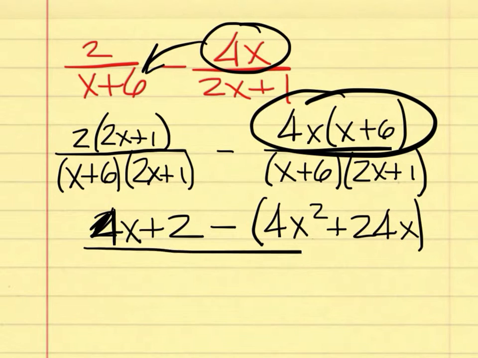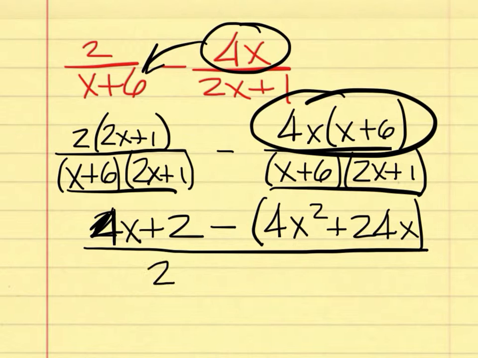And on the bottom, your denominator is going to be the multiplication of those two. So when I multiply that out, I'm going to start with a 2x squared from there to there. And then I'm going to have 1x plus 12x. That's going to be 13x.